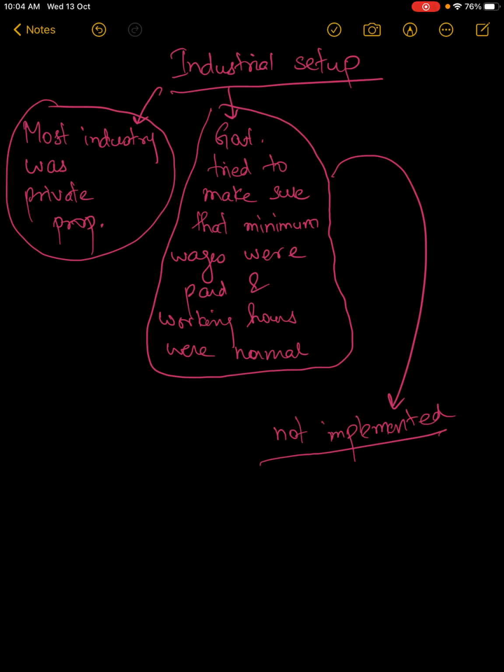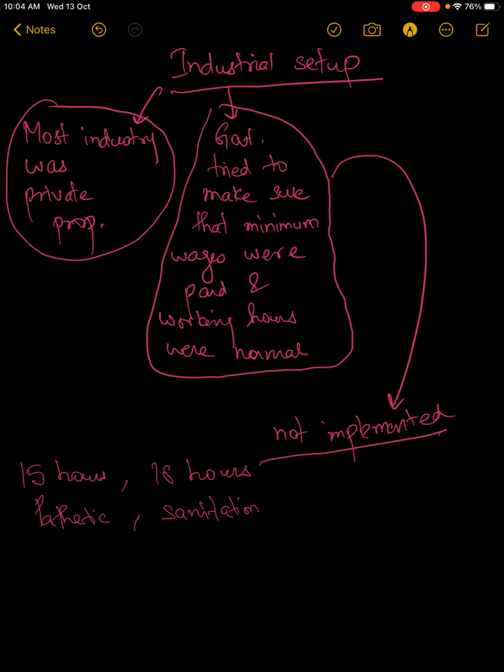So it was not implemented properly. Basically, in your small workshops and little craft units, the working day sometimes stretched to 15 hours. In some cases, it stretched to 18 hours. Accommodation was pathetic. People lived without sanitation.